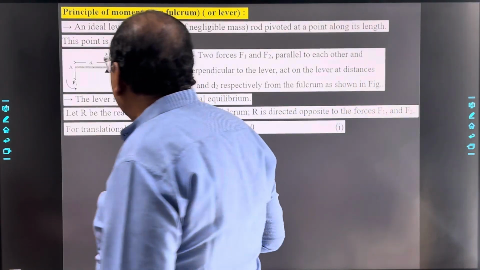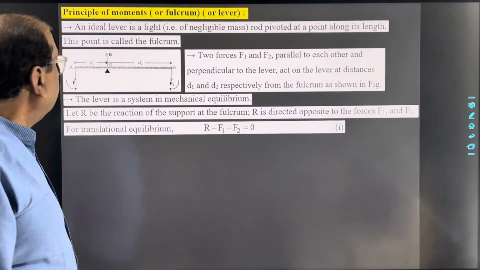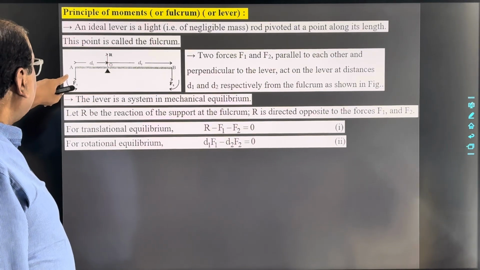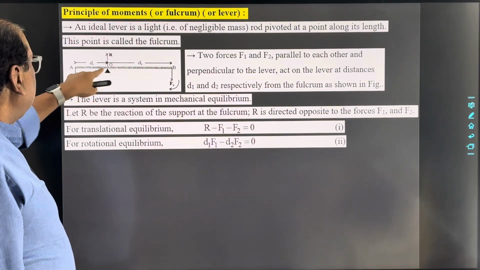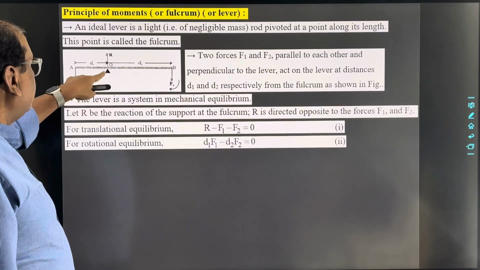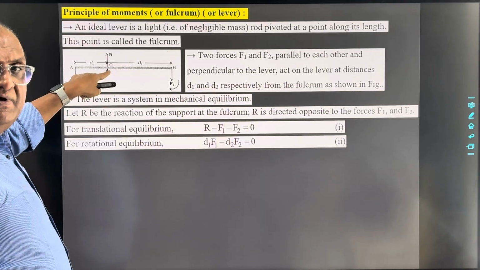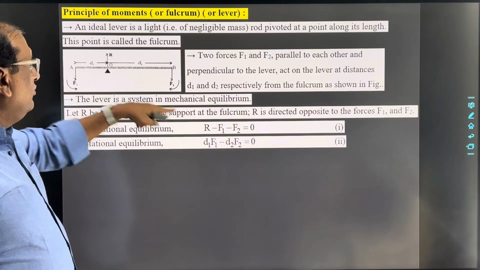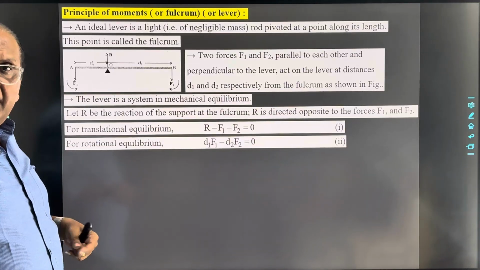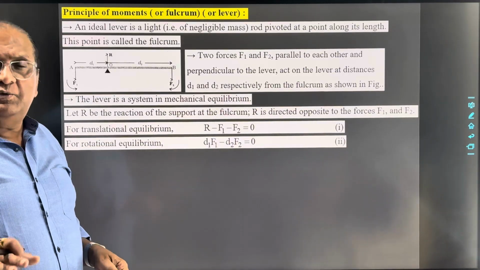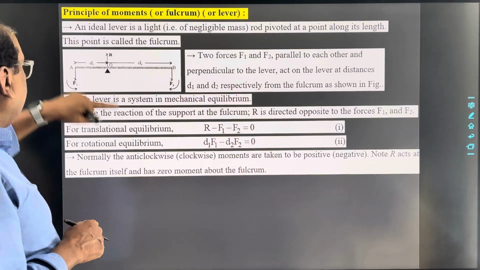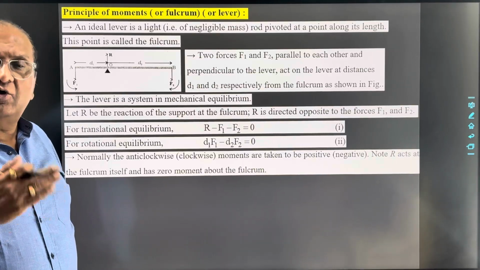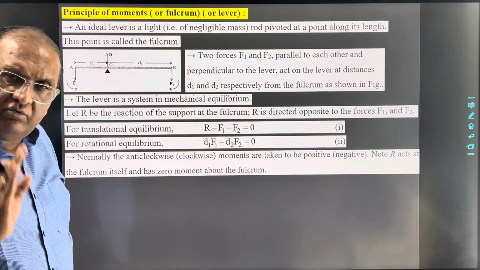Now for rotational equilibrium, the net torque should be equal to 0. Torque is force times the perpendicular distance of the force from the reference point, that is, from the fulcrum. So F1 D1 minus F2 D2 is equal to 0. Conventionally we consider anticlockwise moments as positive and clockwise moments as negative, which you have to remember.